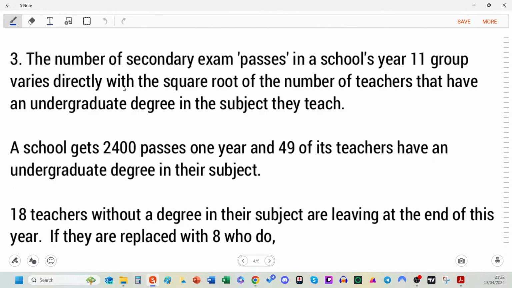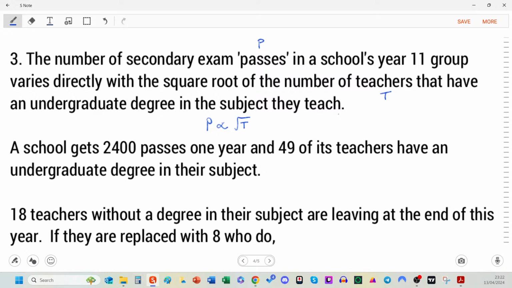Let's scroll up again. So it would be sensible to call the variable number of passes P and maybe T for the teachers, the number of teachers. And we're going to write that as a statement. So it says that P varies directly, which means it varies directly with the square root of the number of teachers.